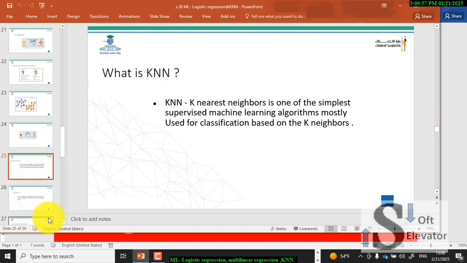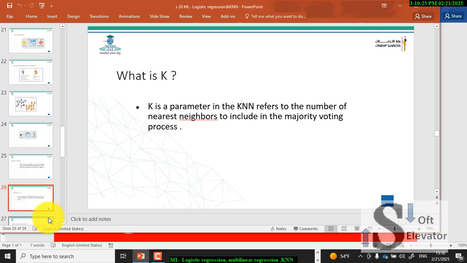It's supervised for classification, mostly used for classification based on the K nearest neighbors. K is a coefficient. It's a number. And how to select this number? This number may be 3, 5, 4, 10. K is a parameter, a coefficient.